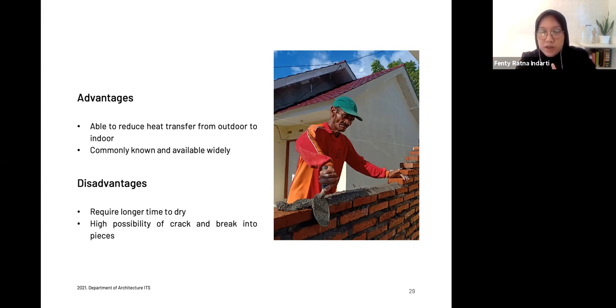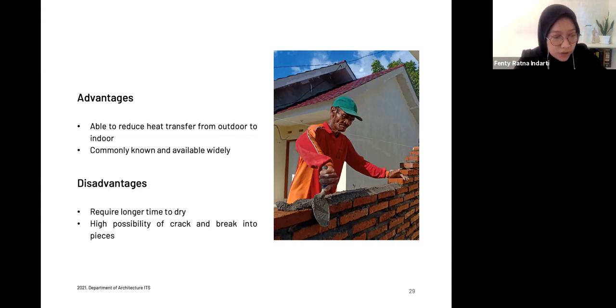But if you are living in Surabaya, Sidoarjo, Gresik, and maybe Jakarta as well, it's quite hot outside because of the high solar radiation. And clay brick helps to reduce the heat from outside, so it becomes cooler inside your house. And it is commonly known by all craftsmen.